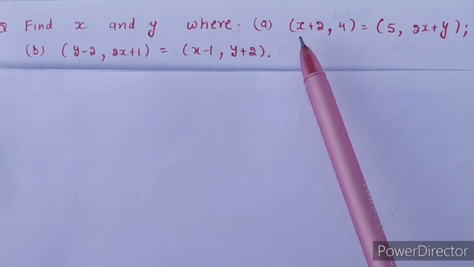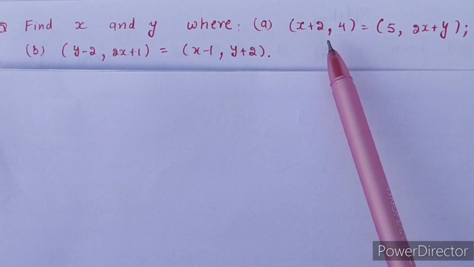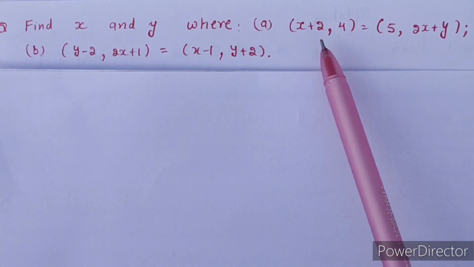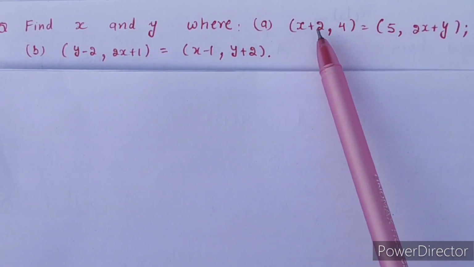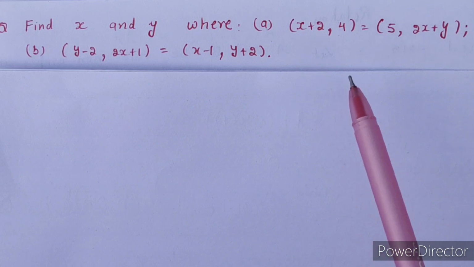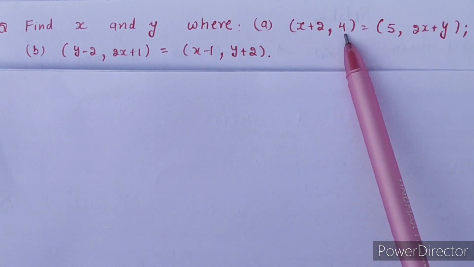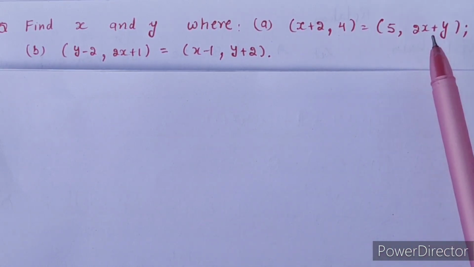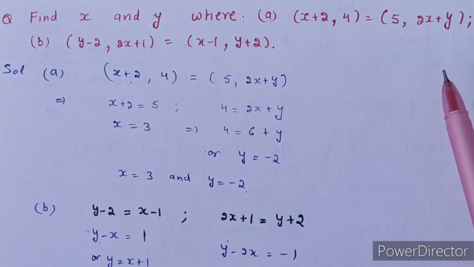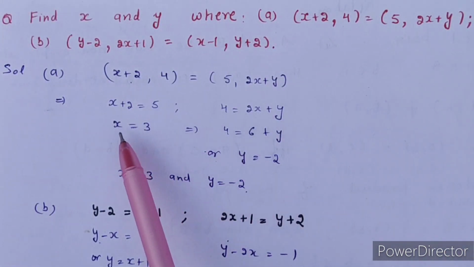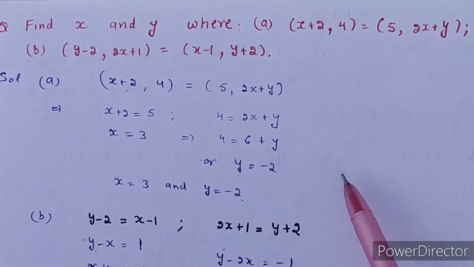Now this is 2 dimension. Okay. Second order tuple इसमें आपका क्या होगा? This is the first position and this is the first position. So you will write x plus y is equal to 5 and the second position, that is 2, is equal to 2x plus y. When I compare these two values, I obtain x is equal to 3.